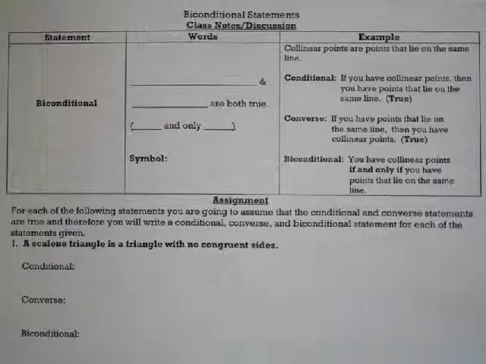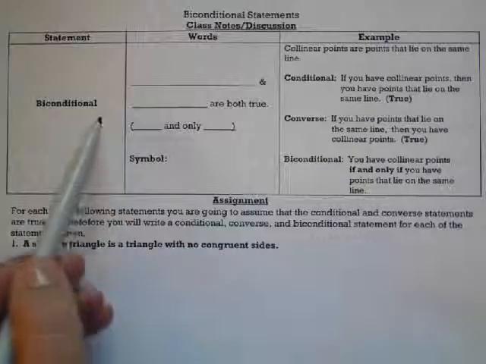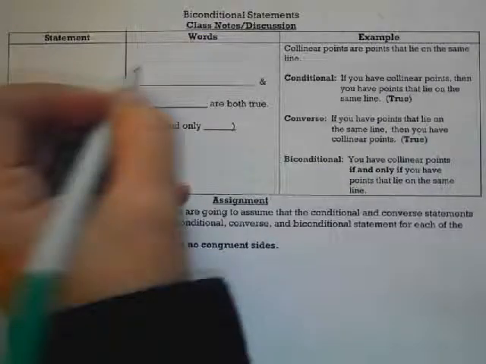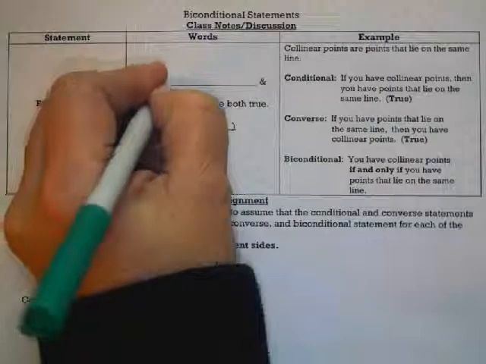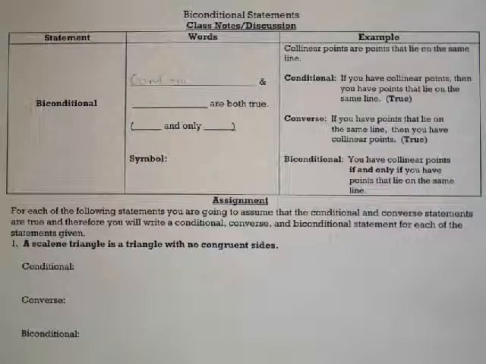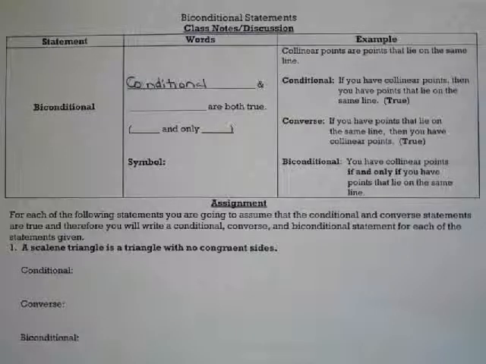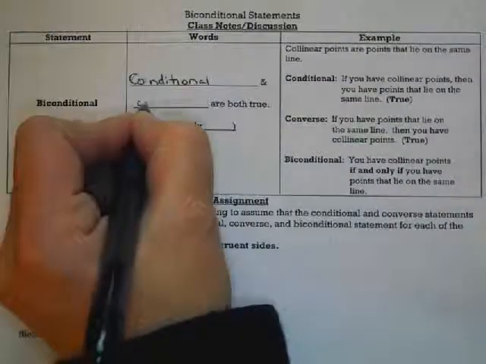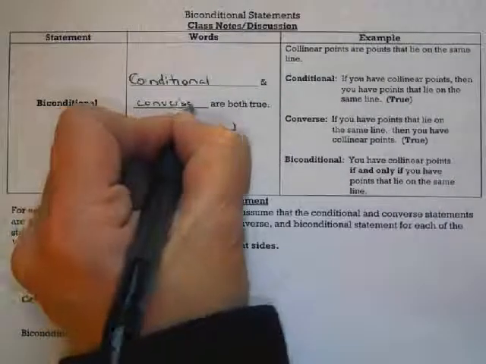Today we're going to talk about biconditional statements. So we are going to use what we have learned in previous days about writing a conditional statement and a converse and what happens when we can put them together. A biconditional statement is when the conditional and the converse are both true.